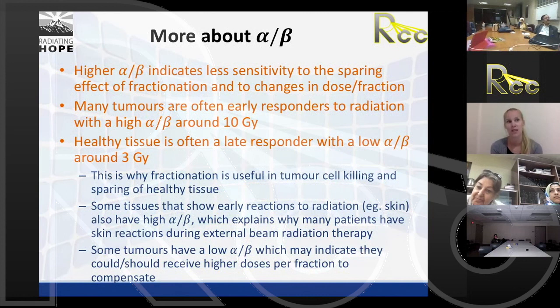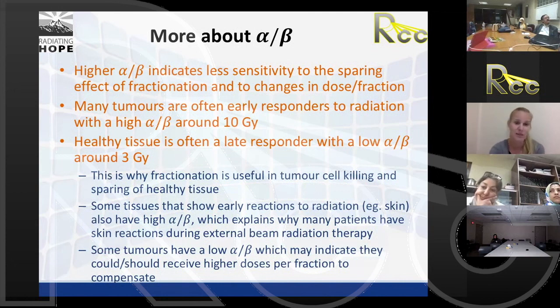So what we'll see is that any damage caused to those healthy tissues, or those tissues with a low alpha beta ratio, will happen later on, further down the track. So when you start to get your tissue necrosis, or your stenosis, or radiation effects, they'll happen later in those tissues.